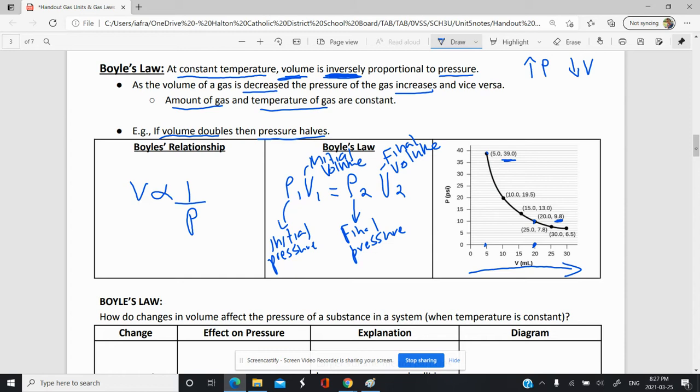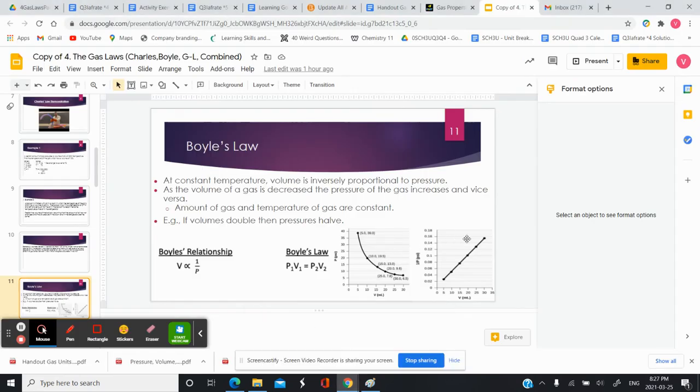Now, this graph is a bit difficult to read because it's curved. So what we often do to represent Boyle's Law is we use a different graph, and I'll show you that graph over here in your presentation. We do the volume right here. And over here, instead of pressure, we have 1 over pressure.